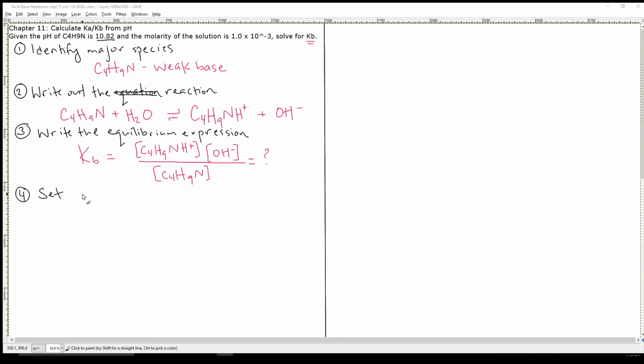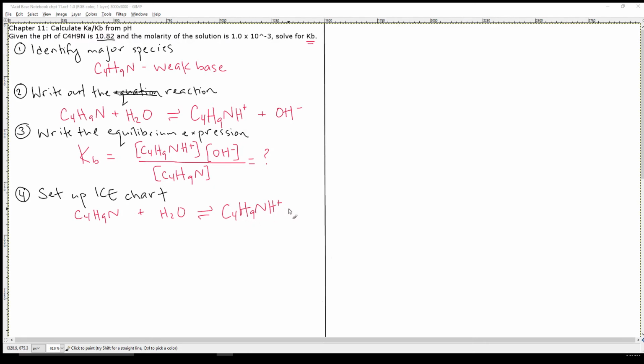All right, so if we want to figure out concentrations, what do we usually set up? An ice chart. Set up ice chart. So, okay, C4H9N. I like to write water at the top so that I know it exists, but I have to remember to cross it off.